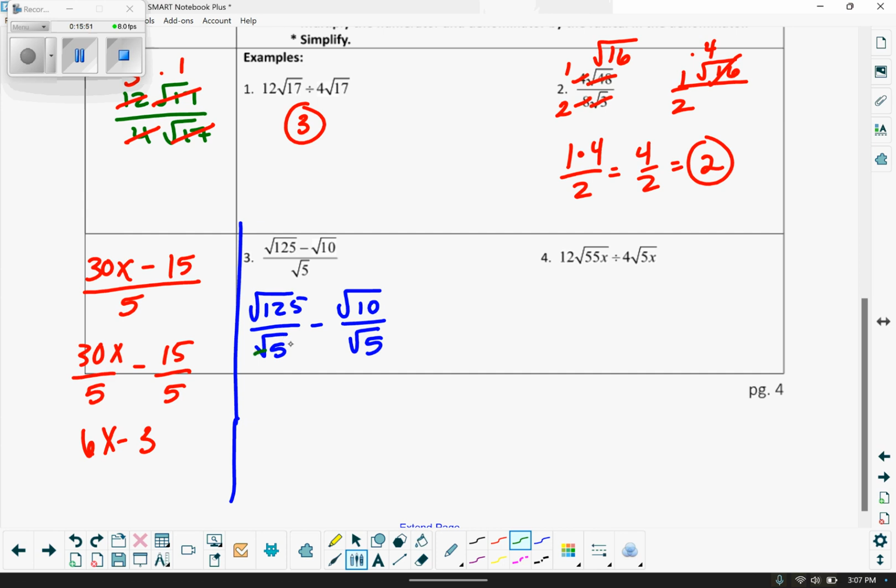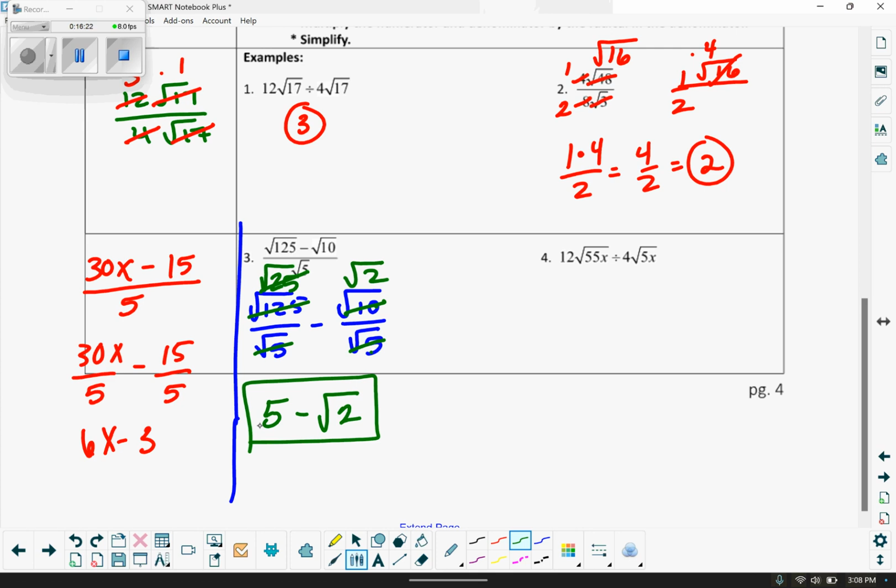So 5 goes in there 25 times, so now I have the square root of 25, which I know is 5. Minus, and 5 goes into 10 2 times, so that would be the square root of 2. So 5 minus radical 2. And I can leave it just like that.